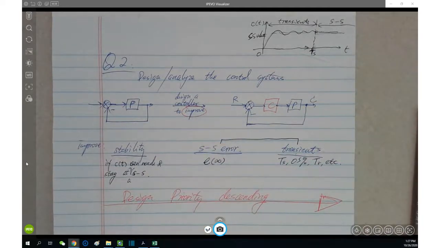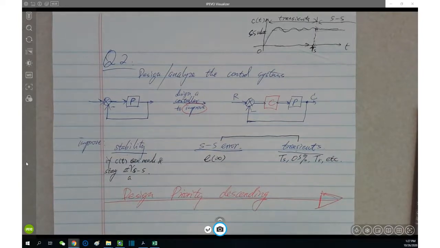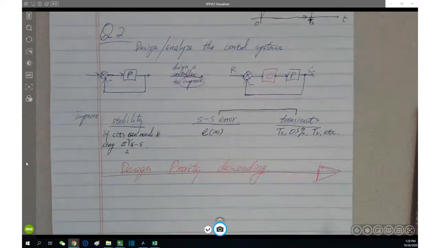We will see some more examples to say this. We had a little bit of discussion before about stability, but we will see more details in this module. This is what the root locus can do for us: design and analyze the control system. We will see how to do it.